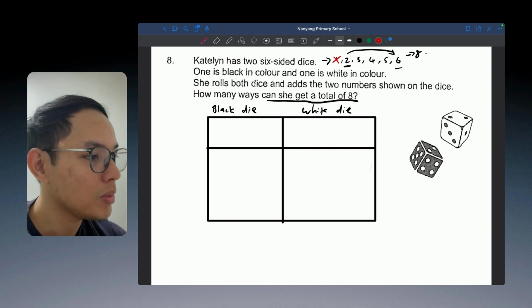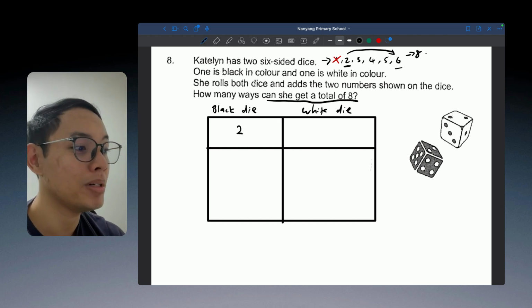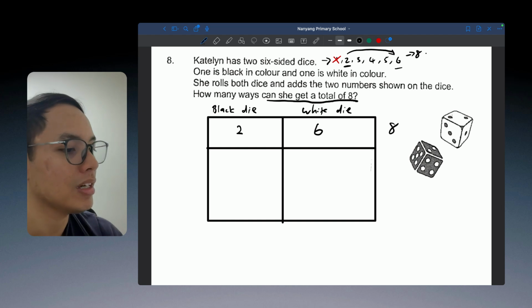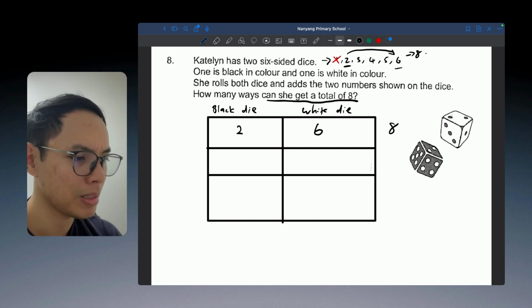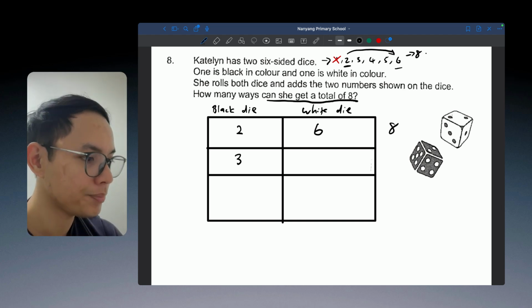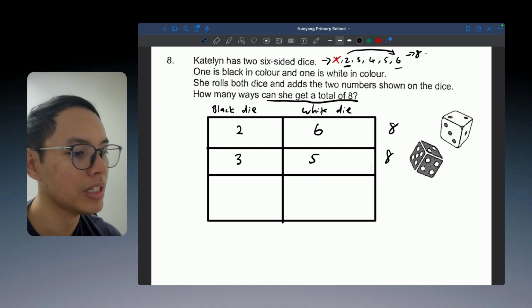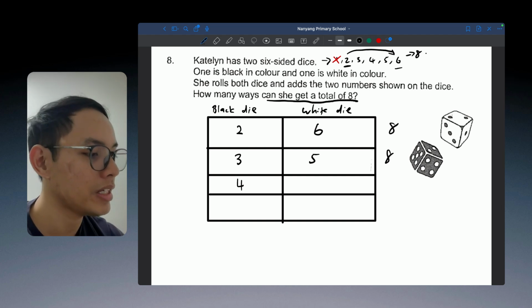Okay, that means we have the other numbers as well. So if my black die is number 2, what will the white die number be? Because we need to get the total of 8. 6, right? Then let's go through the next number. If it's 3, the white die should be 5. This is total 8. And then the last one, which is 4, the white die should be 4 as well.